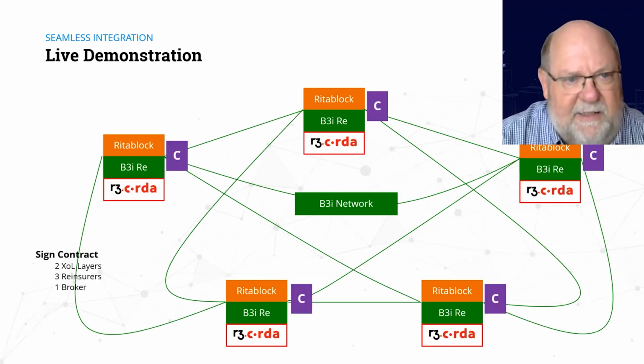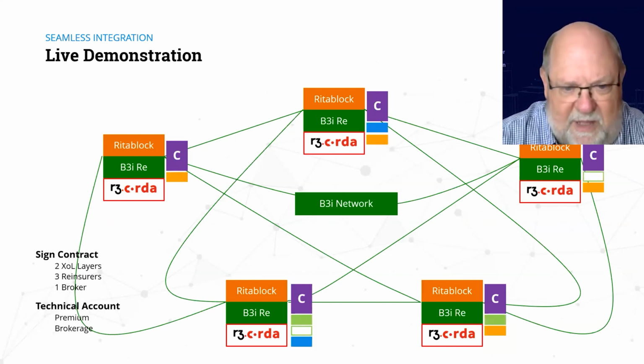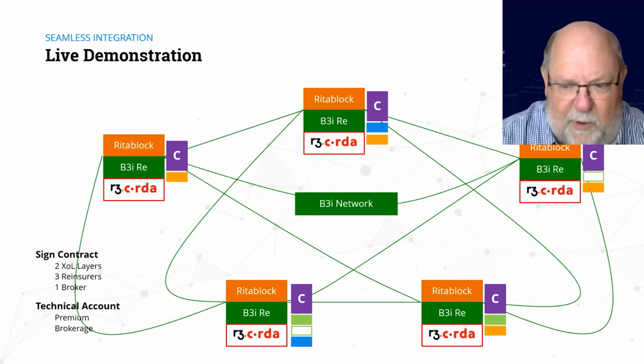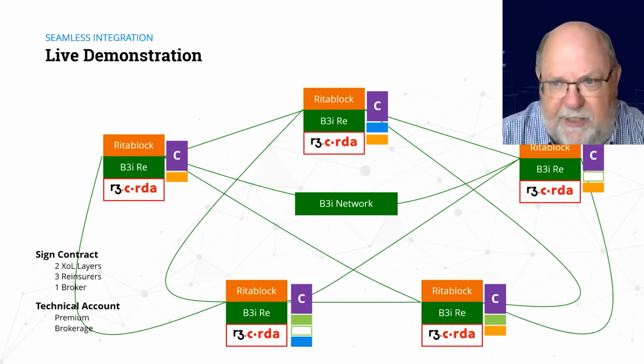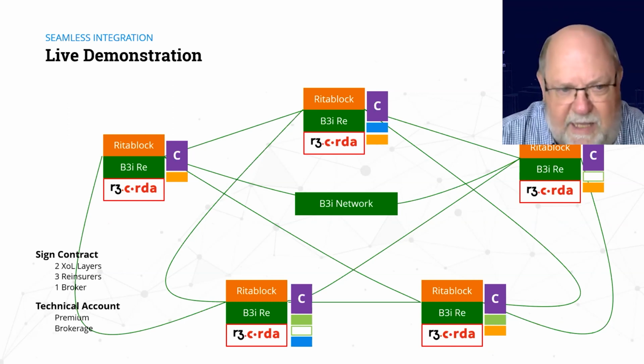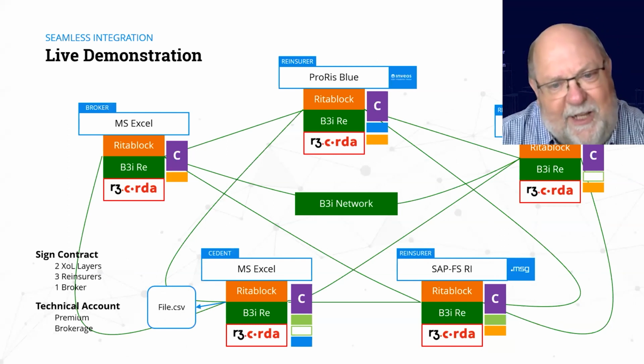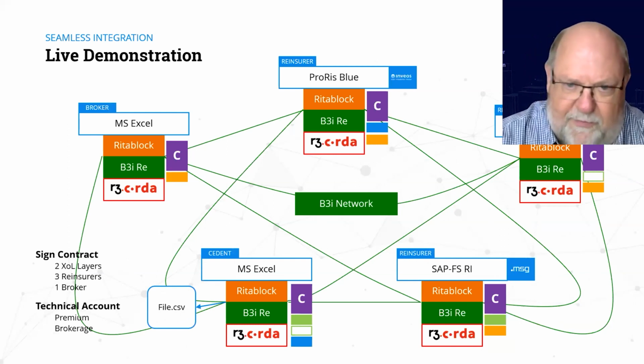And signing the contract by the cedent will immediately generate the signing as a single point of truth in all the other nodes which are attached to this contract, on the broker side, on the reinsurer side, immediately.